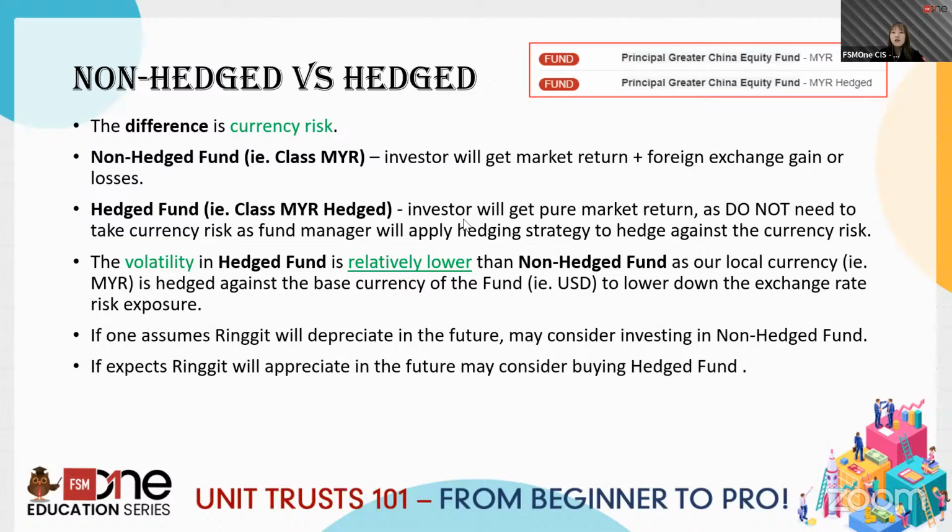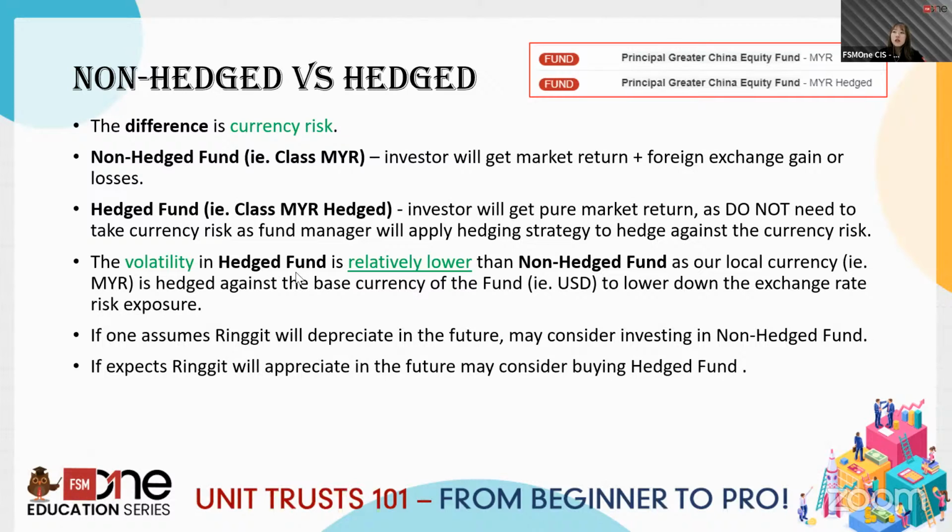So in this case, the MYRH class applies a hedging strategy between the base currency of US dollar and the share currency MYR. For the hedged class, the investor will get a pure market return as they do not need to take the currency risk, as the fund manager will apply a hedging strategy to hedge against the currency risk.